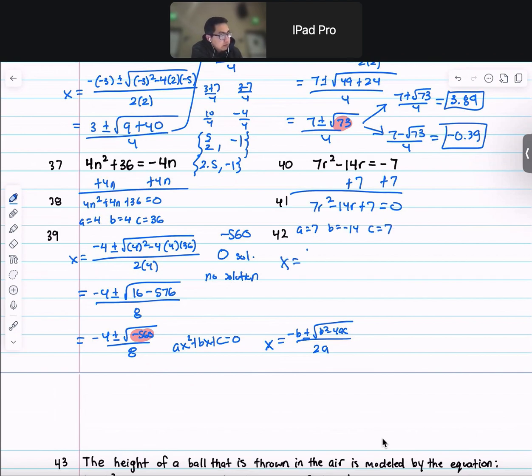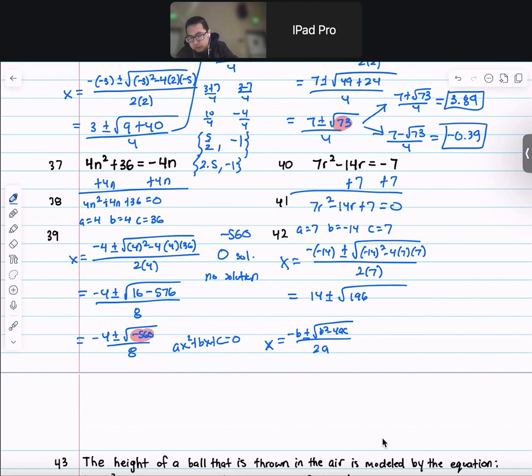Quadratic formula, negative of negative B, of the B value, so negative 14, plus and minus square root of B squared minus 4 times your guys' A times your guys' C, all over 2 times A, right? 14 plus and minus negative 14 squared, you guys, that is 196.